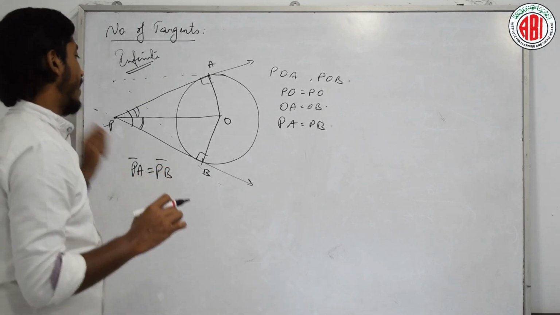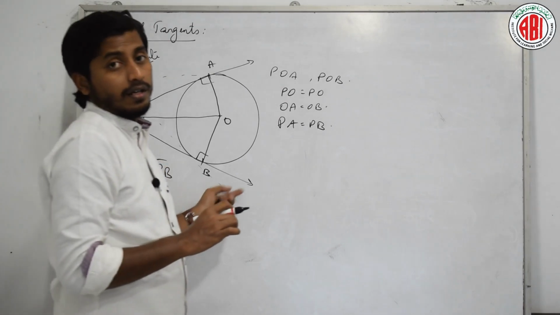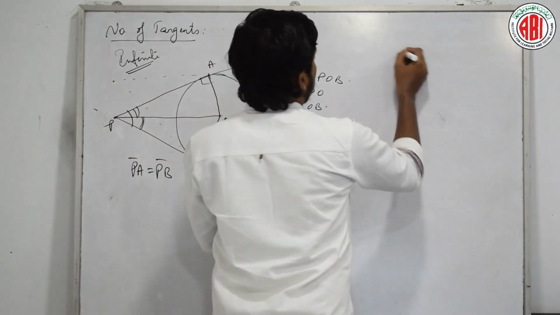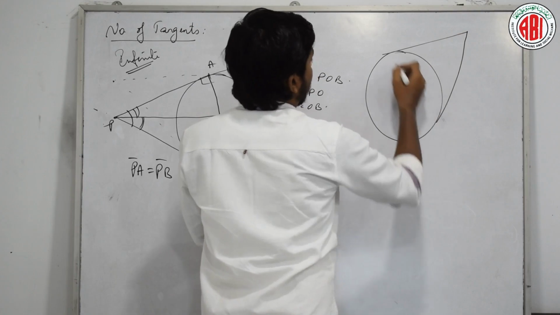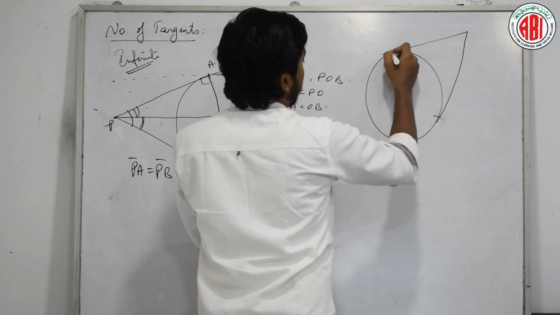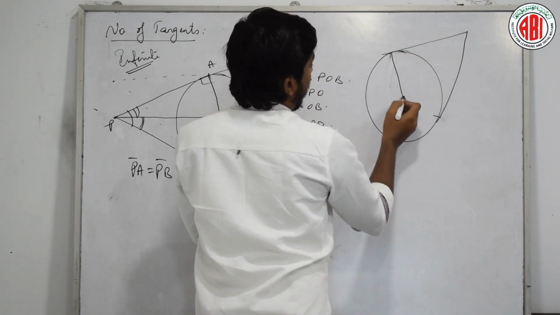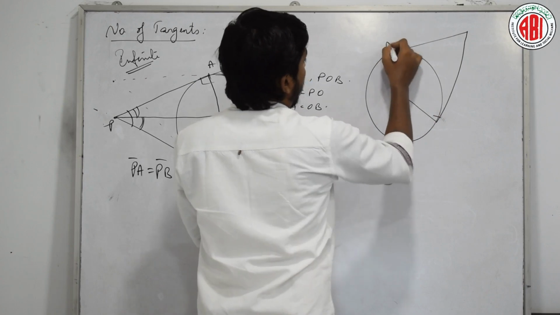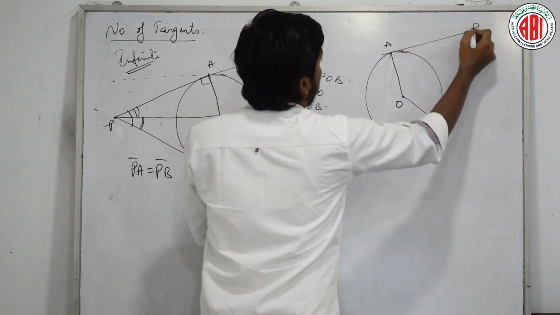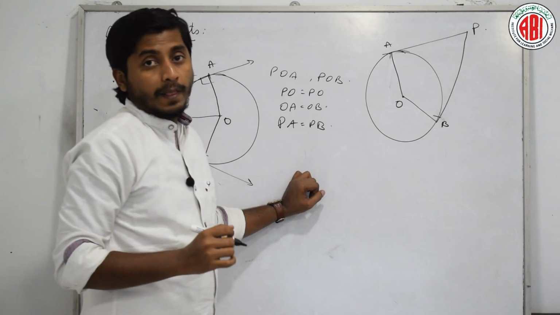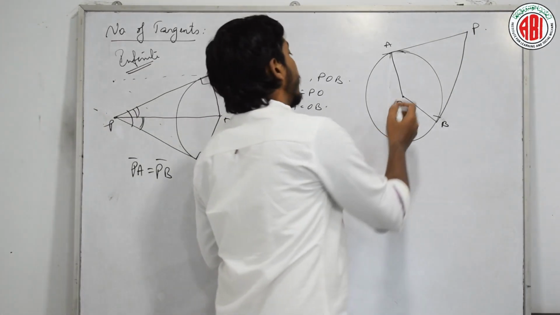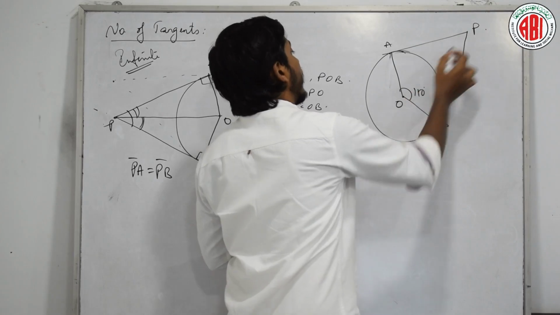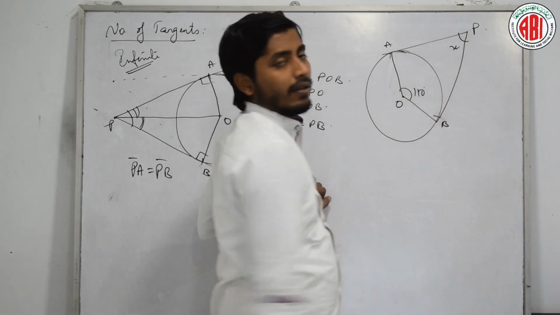Fine. Okay, let us have an example to prove this. You have this question in your book also. If I have a tangent like this, let me draw O, A, B and P. What if one of the angles is given? See here, if I tell this as 110, can I find this value?